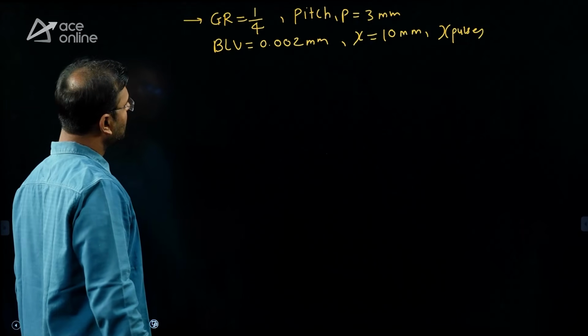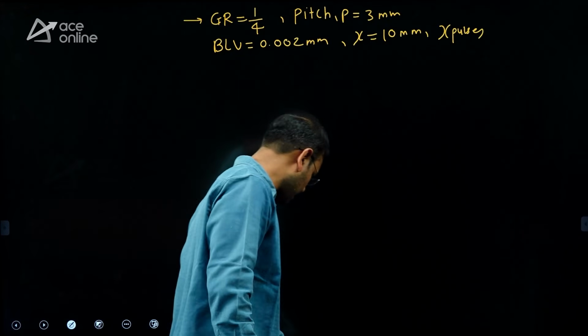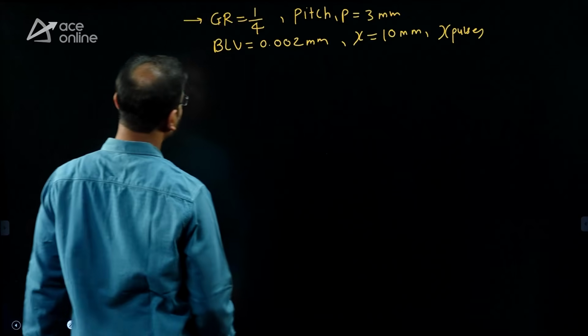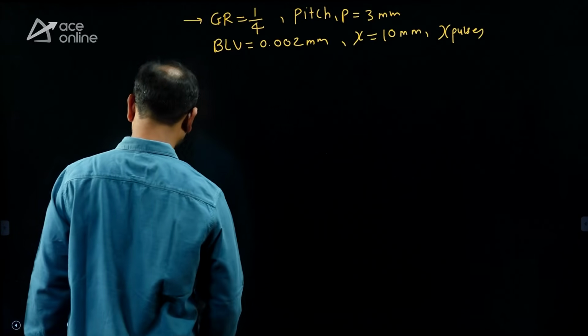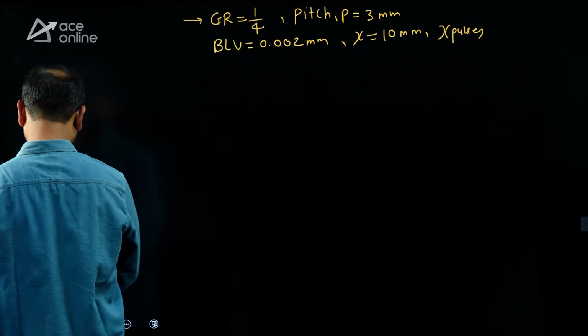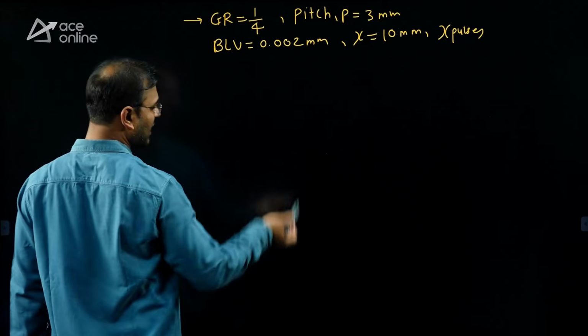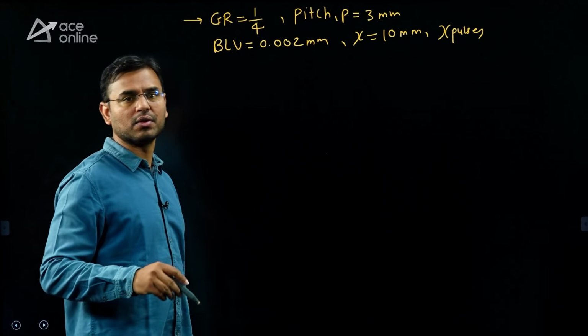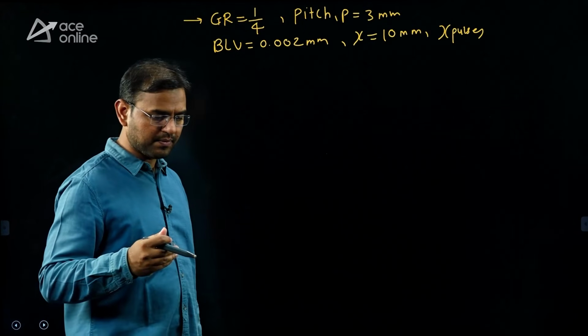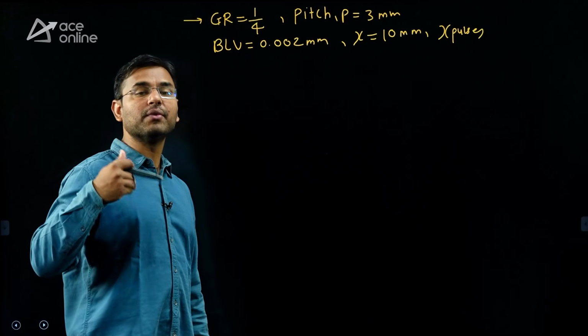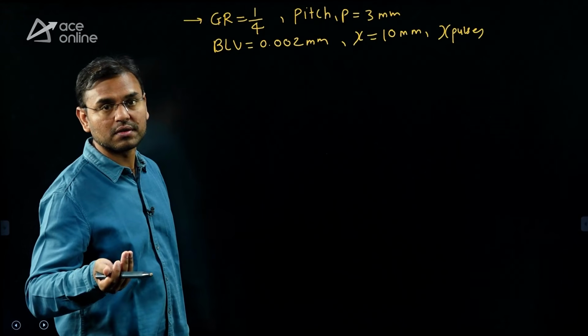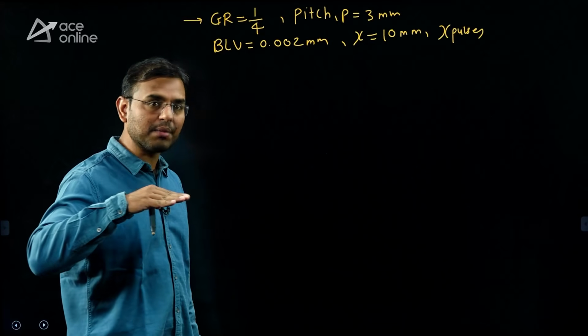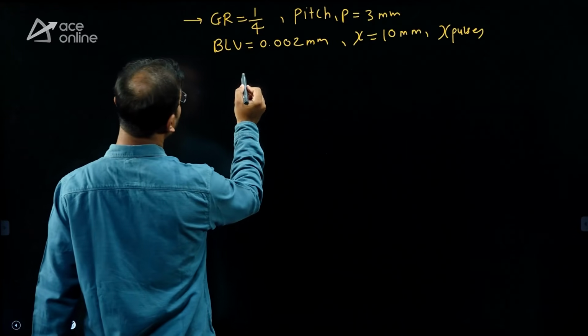Here the gear ratio is given, the pitch is given, but one simple thing I want to tell you: what is the BLU? When the machine control unit gives one pulse to the motor, the movement of the work table is 0.002 millimeter.